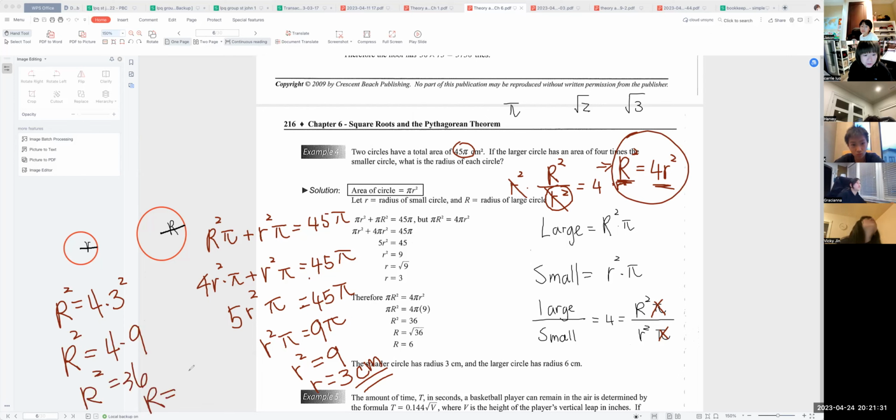So R equals 6 centimeters. Get it, everybody? Okay, so don't worry about it. Those questions we're going to go through together.